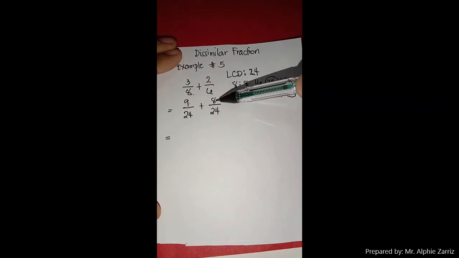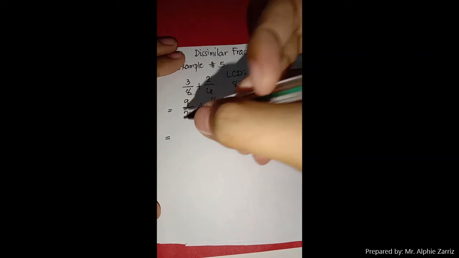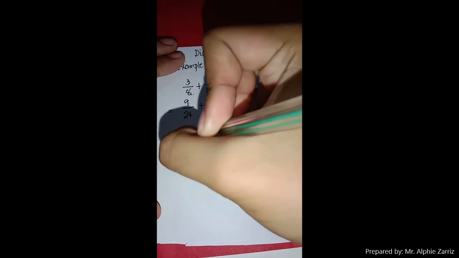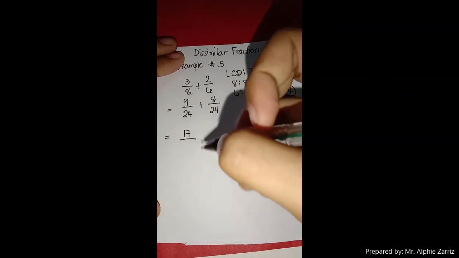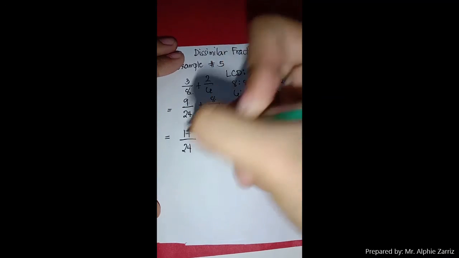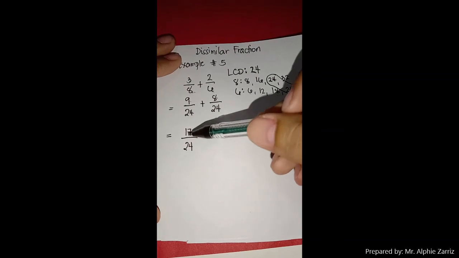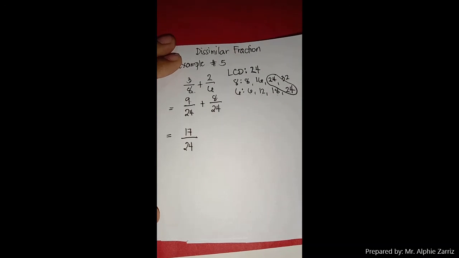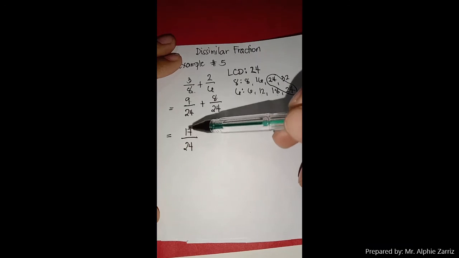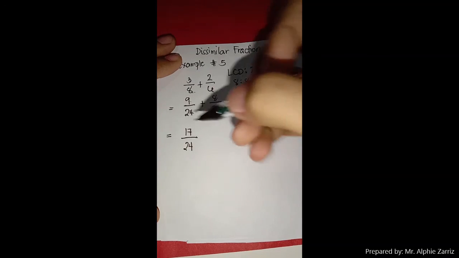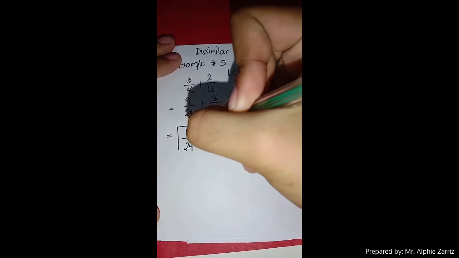So, 9 plus 8, we have here 17. And then, copy the denominator, which is 24. So, therefore, since hindi na natin siya pwedeng ma-reduce into lowest term, kasi nga, wala namang compatible dito na number, ito na yung ating final answer.